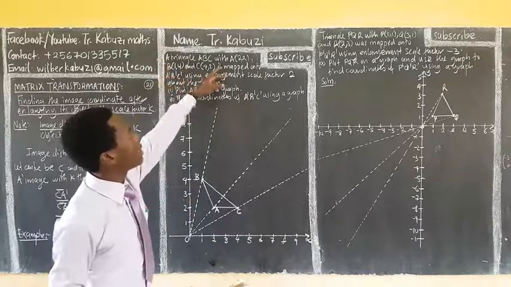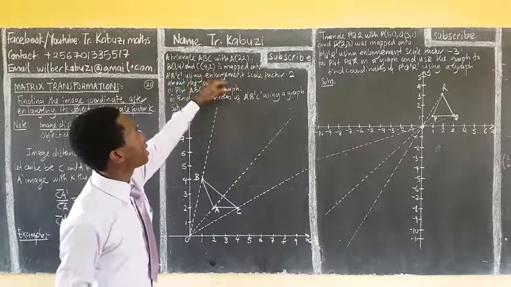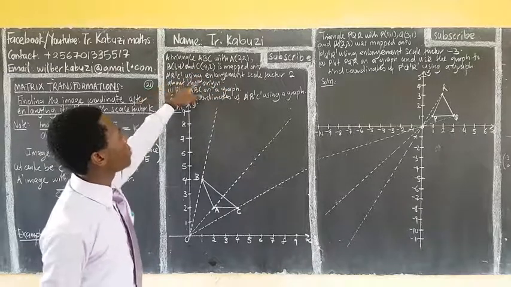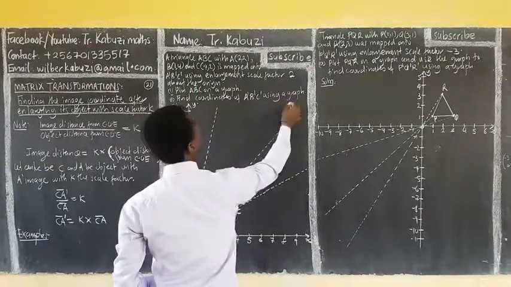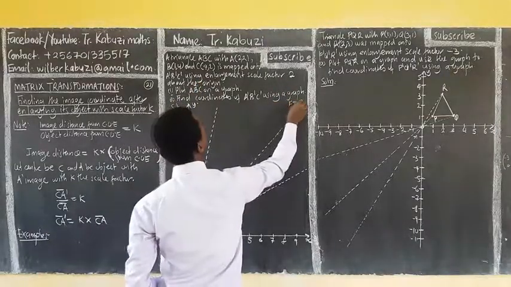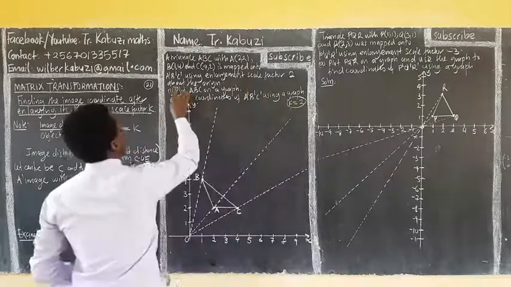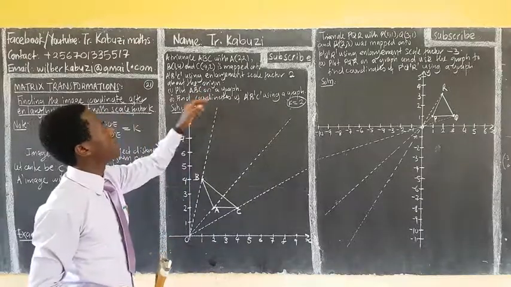A triangle ABC with the given vertices is mapped onto triangle A prime, B prime, C prime using an enlargement with scale factor k equal to 2, about the origin. Plot ABC on a graph.